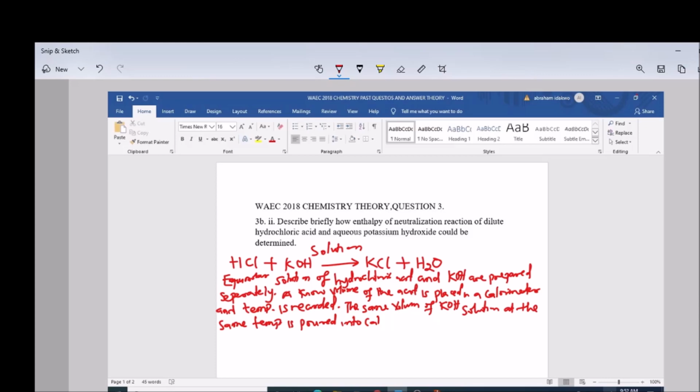So it's poured into the calorimeter, and the mixture is stirred gently. So we stir the mixture gently. So the maximum temperature of the mixture is recorded.